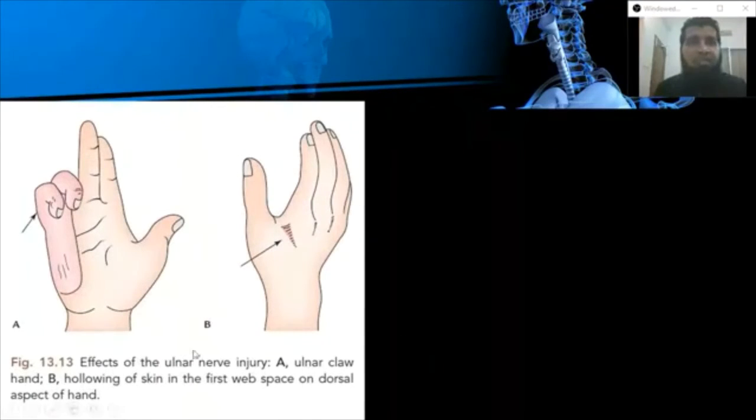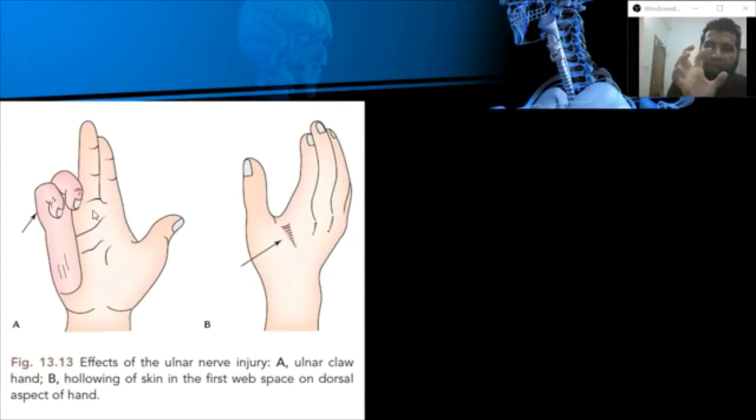And in case of ulnar nerve injury, the nerve coming from the medial cord of the brachial plexus, there will be claw hand. In claw hand, there will be hyperextension of the wrist joint, hyperextension of the metacarpophalangeal joint, and flexion of the interphalangeal joint.